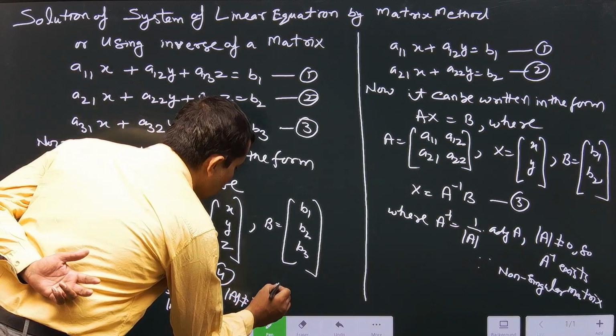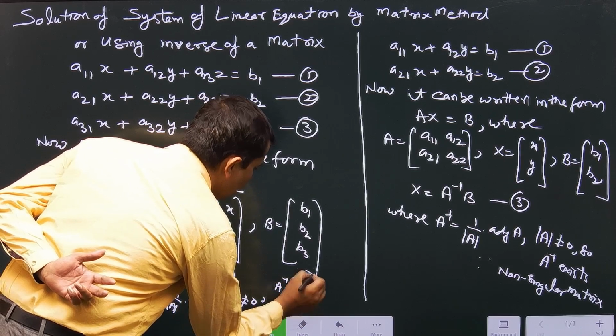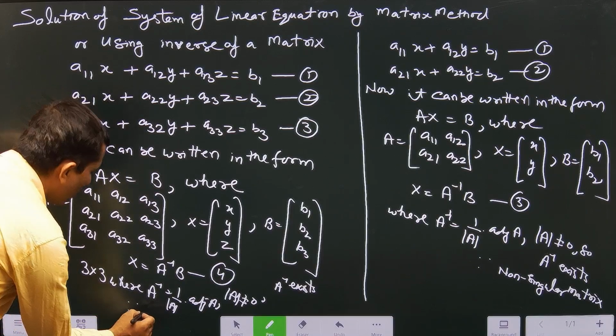This means A inverse exists because of a non-singular matrix.